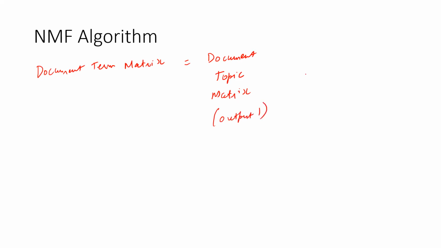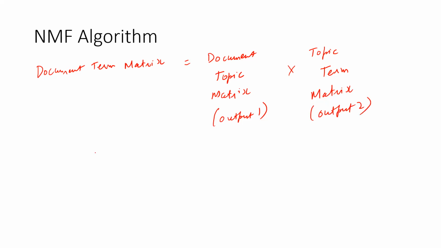We all know that the document term matrix can be factorized into the document topic matrix, which we will say is my output 1, multiplied by, because this is the factorization, the topic term matrix. Let's say this is my output 2.